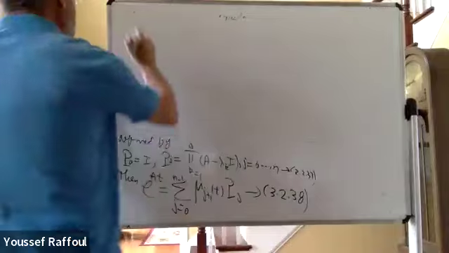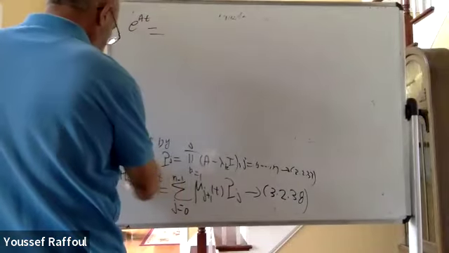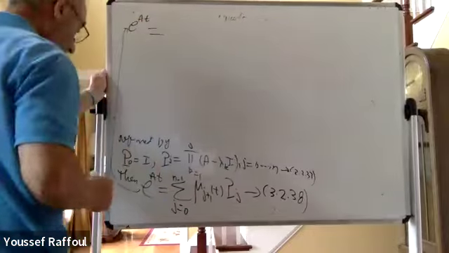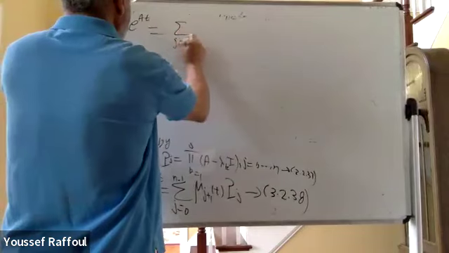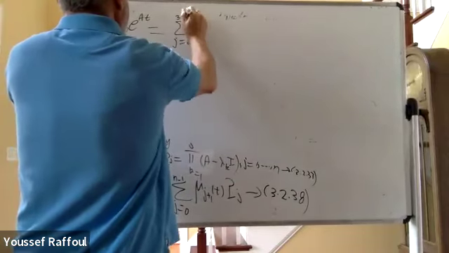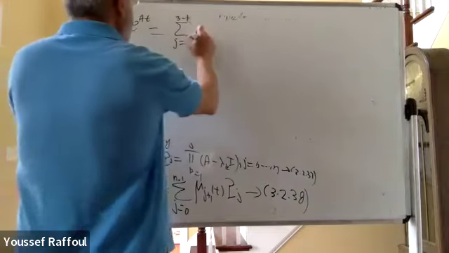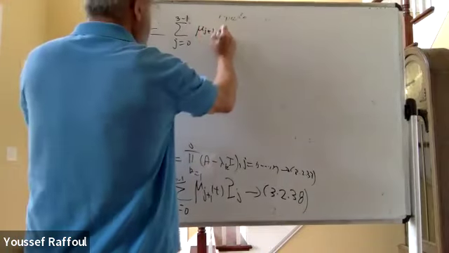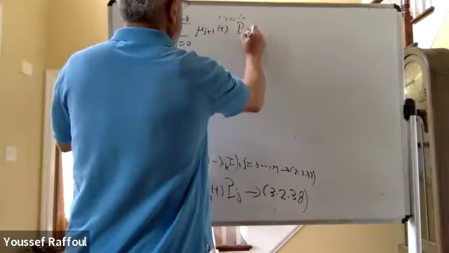Okay? So e to the at is, from here, the sum from j equals 0 to 3 minus 1, because the matrix is 3 by 3, of mu j plus 1 of t times pj.